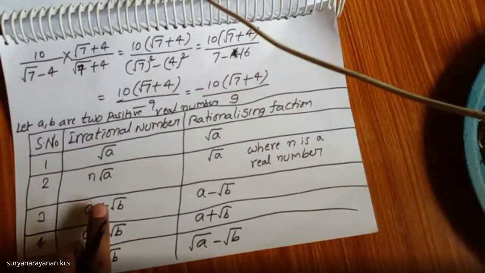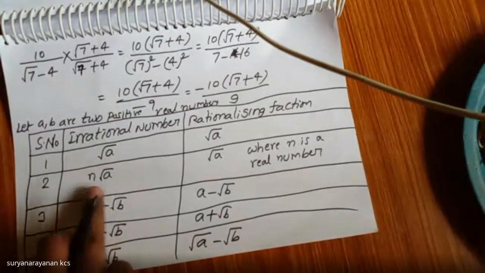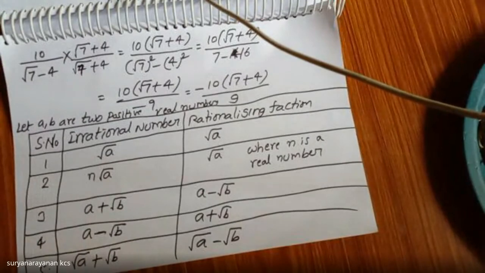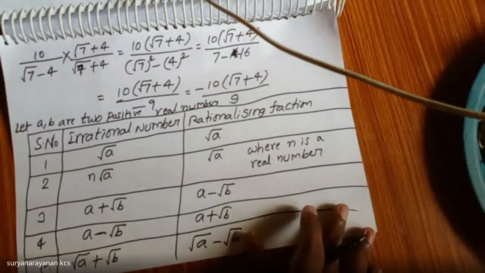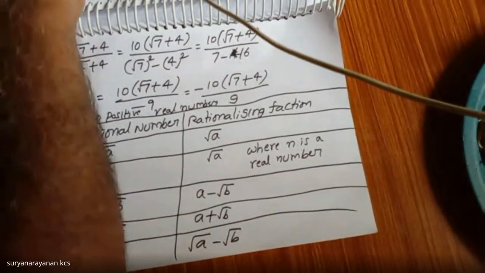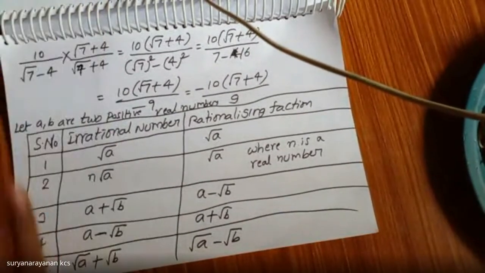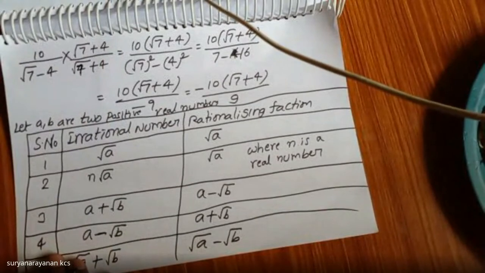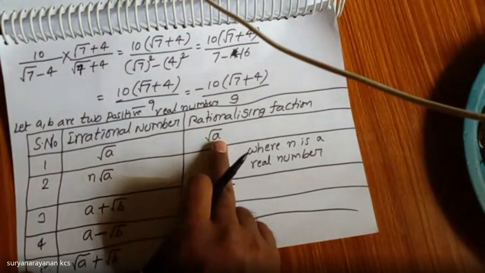N root a. I will tell you one example for this one. If root a is there in the denominator, like root 2, root 7, as we discussed previously, then its rationalizing factor is root a.